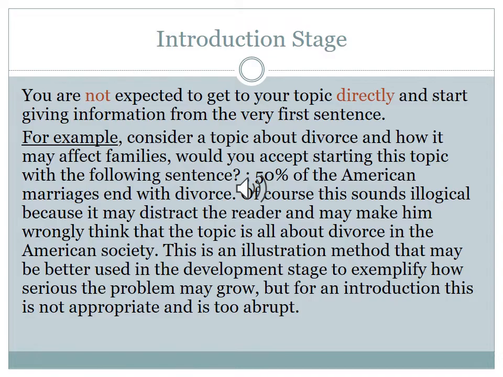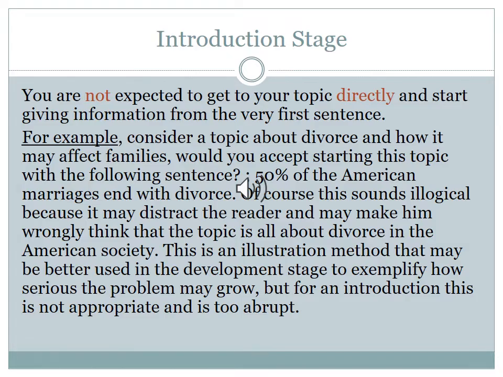في example هنا، for example consider أو يعني تخيل إنه there is a topic about divorce and how it may affect families. And you are a reader of this topic, or of this essay.